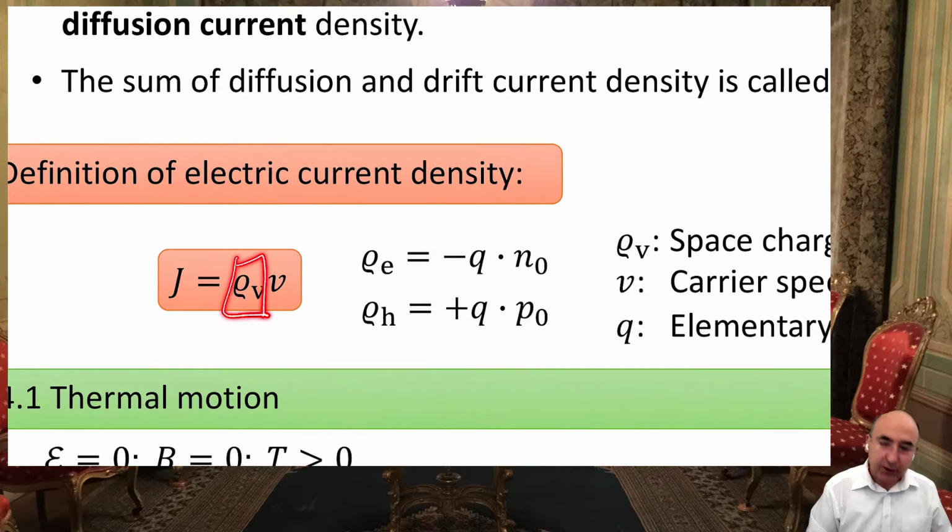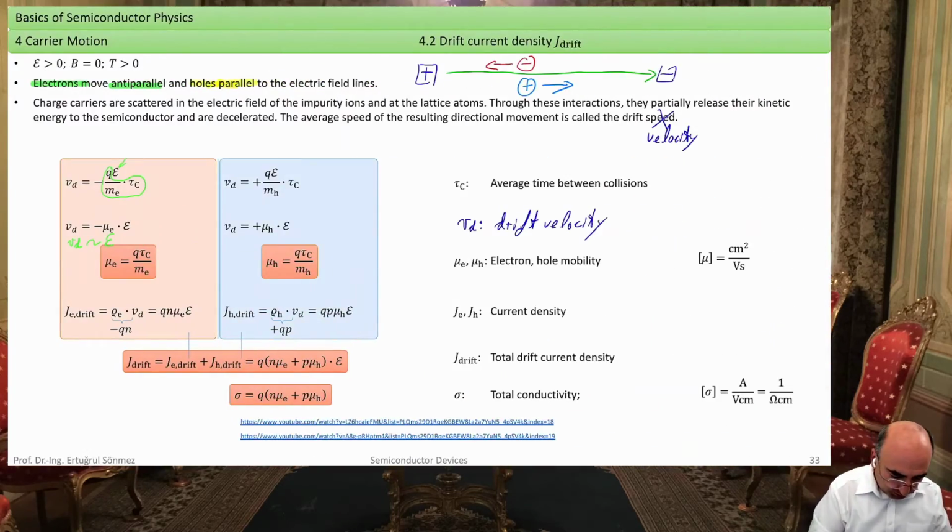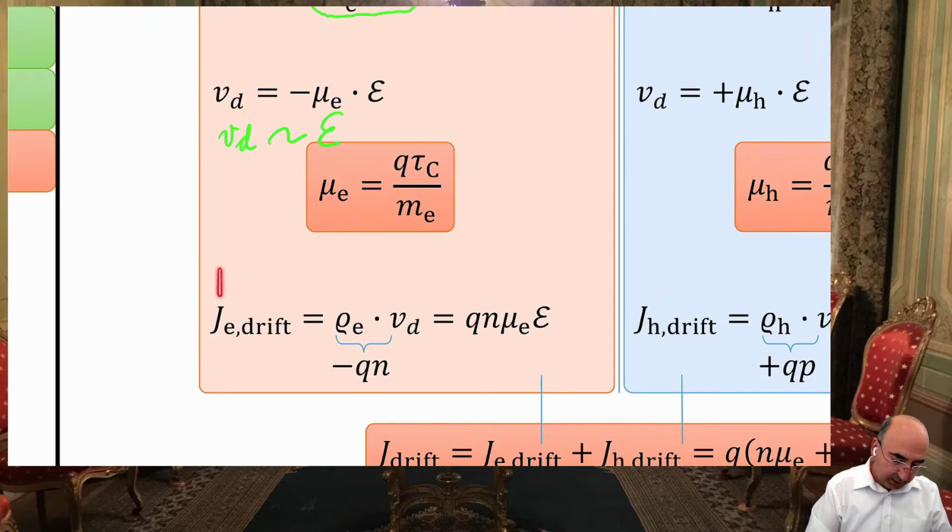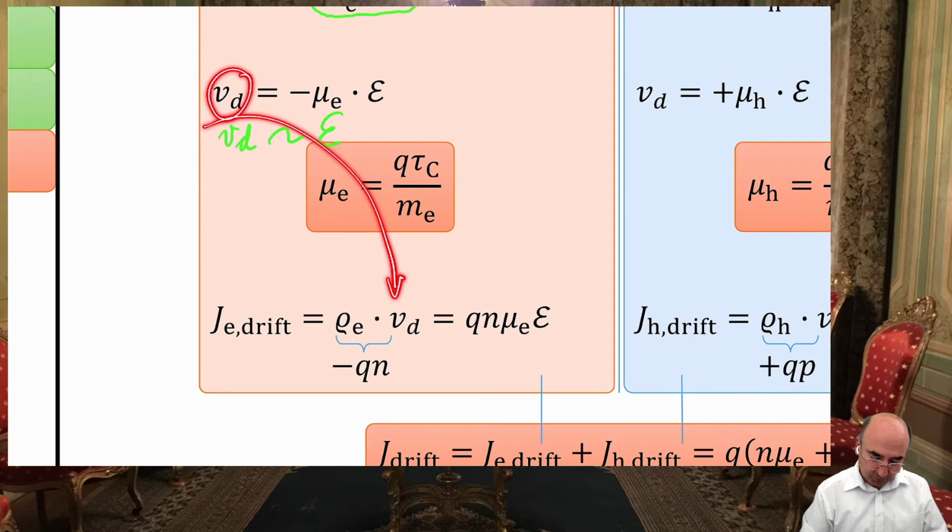So now we can calculate what we have talked about. We have charges in space, a certain number, which can move. At the moment, we have talked about this movement. Let's take this equation and calculate the current density of the electrons caused by drift. This equation I have just copied. This speed I will insert. This space charge density I have copied.